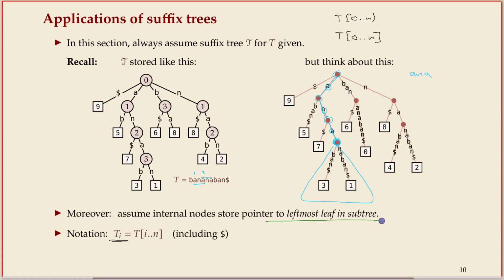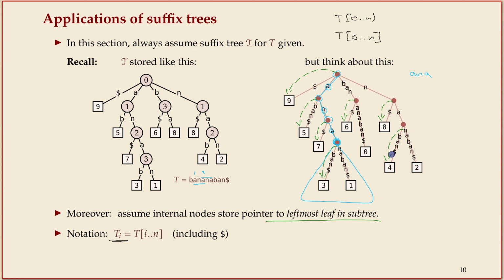Namely, we assume that every internal node has a pointer to the leftmost leaf in its subtree. So in this case here, every internal node has a pointer that points to one of those leaves and allows you to jump to one leaf in constant time. That's just one more extra pointer.